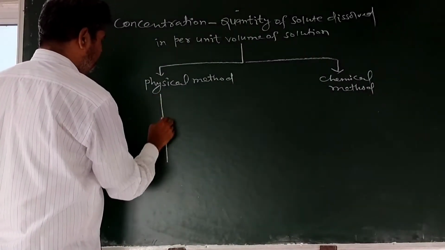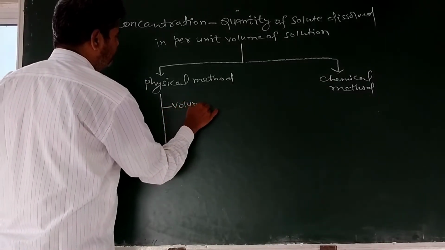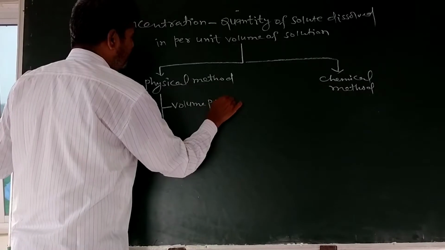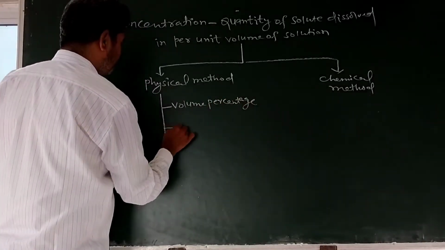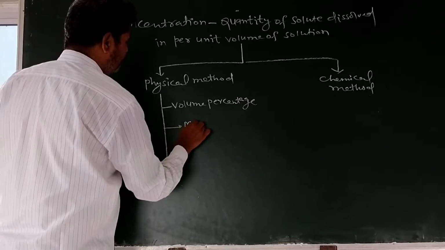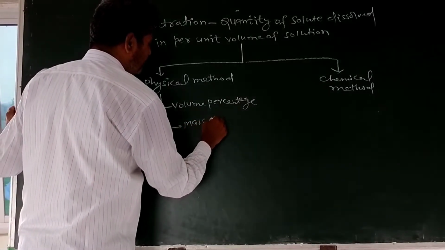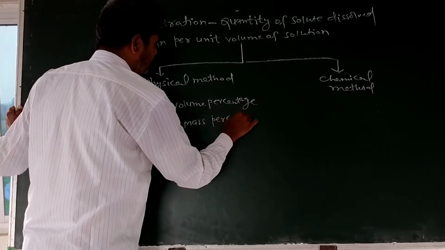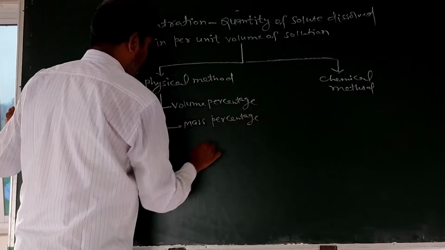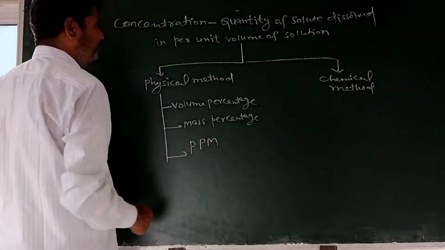Physical method: volume percentage, mass or weight percentage, and ppm, parts per million.